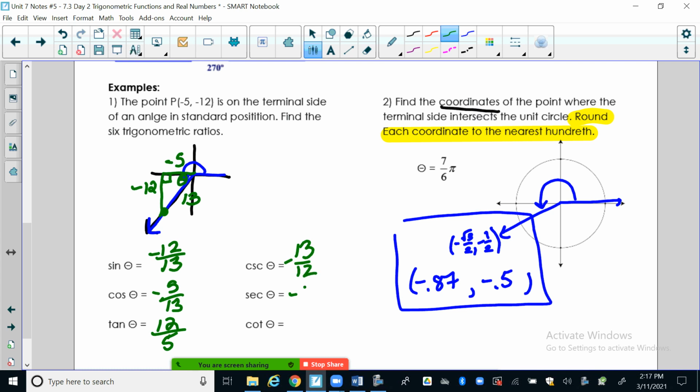Secant is the reciprocal of cosine. And cotangent is the reciprocal of tangent. These types of questions pop up on the ACT and the SAT fairly often. All right, any questions on example 1?